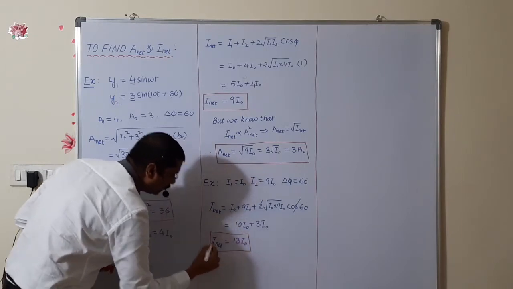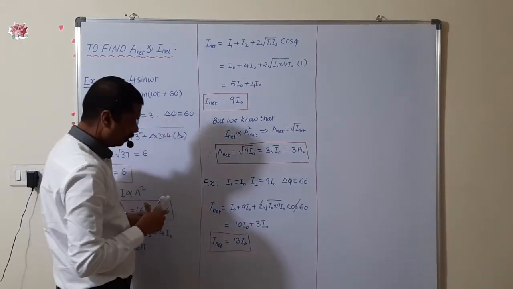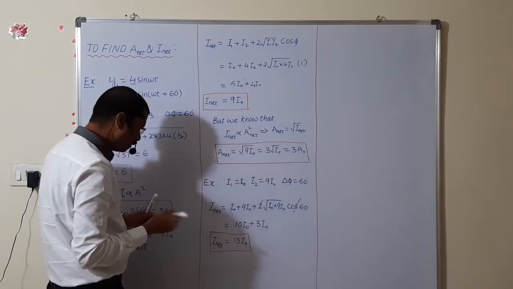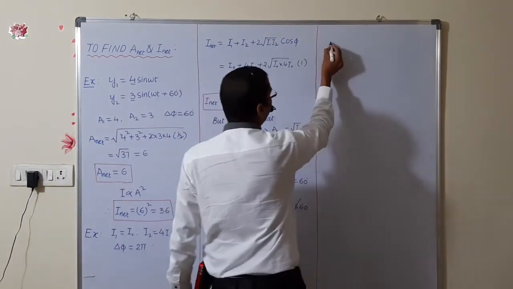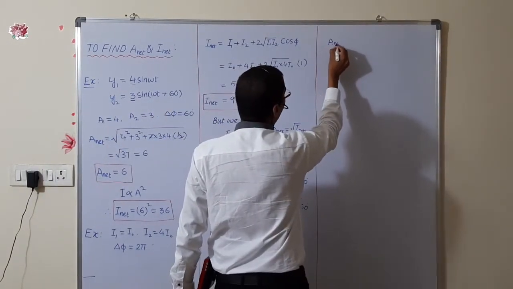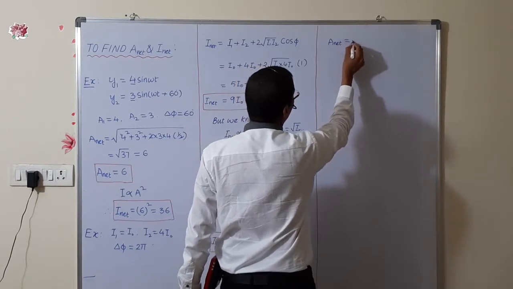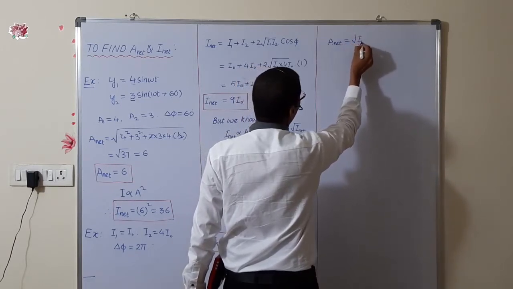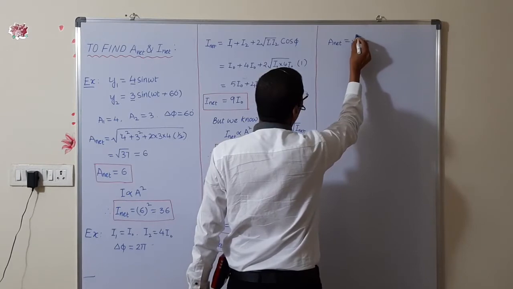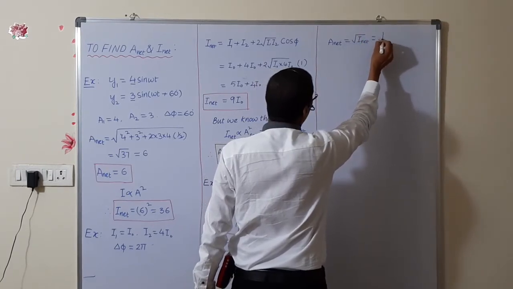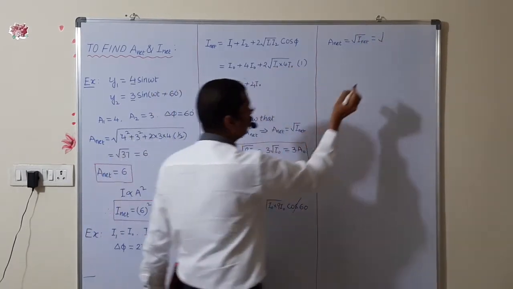From this I net we can take the A net also. How can we find the A net value? A net is equal to under root of I net. Under root of the I net value, what is that? 13 I naught.